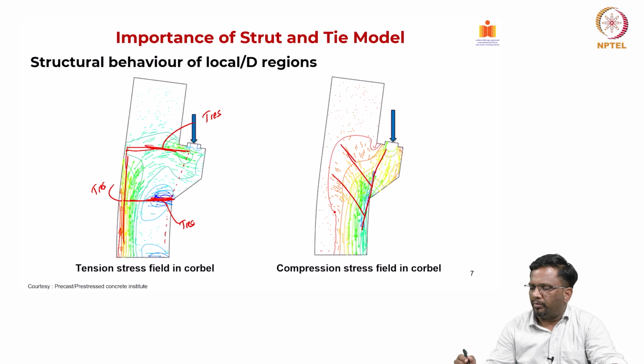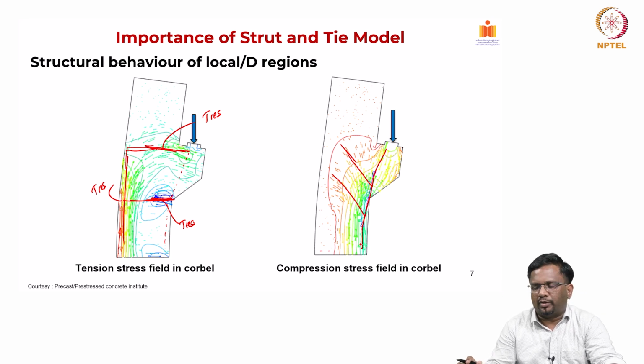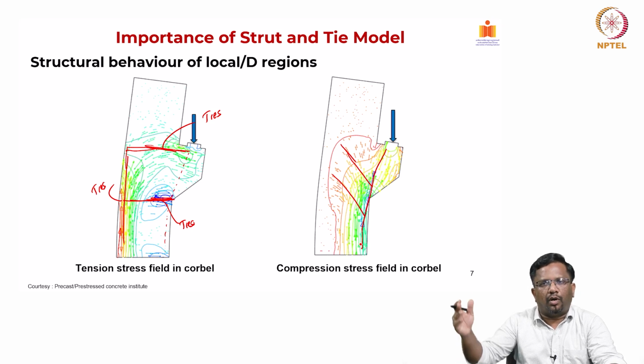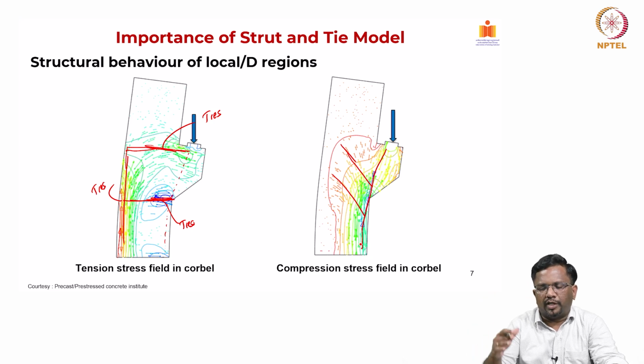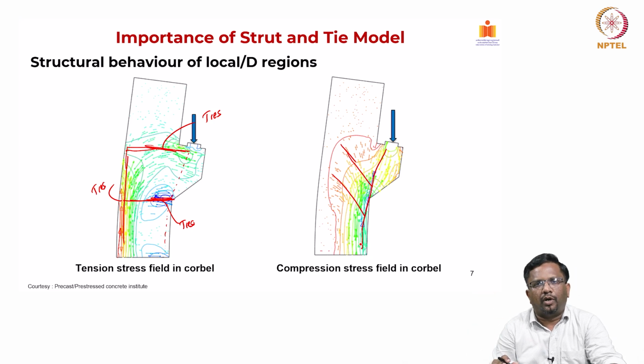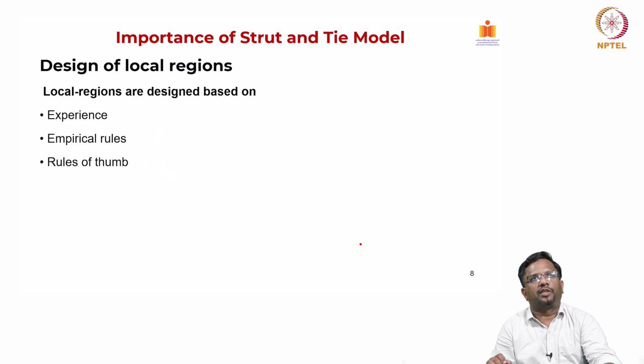So you have to do some elastic stress analysis to find out the principal stress contours, and the struts will usually form along the principal compressive stress trajectory, and the ties will be assumed to form along the principal tensile stress trajectory. Now what is the importance of the strut-and-tie model?